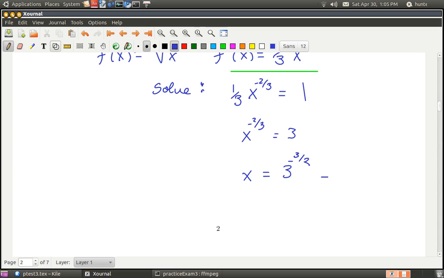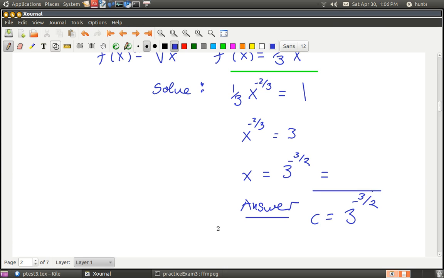What is that? I don't know, it's a terrible number. But we are not concerned with the fact that it's terrible, because the only answer is c equals 3 to the minus 3/2.